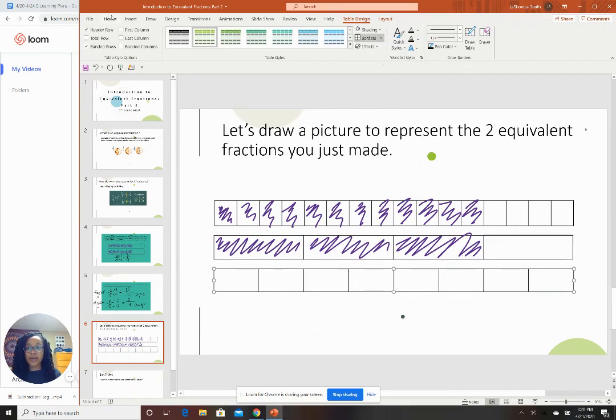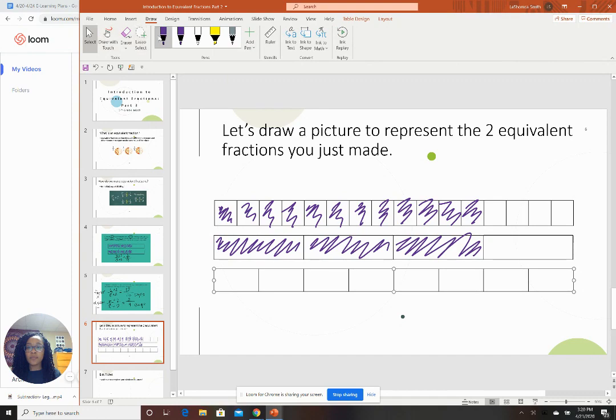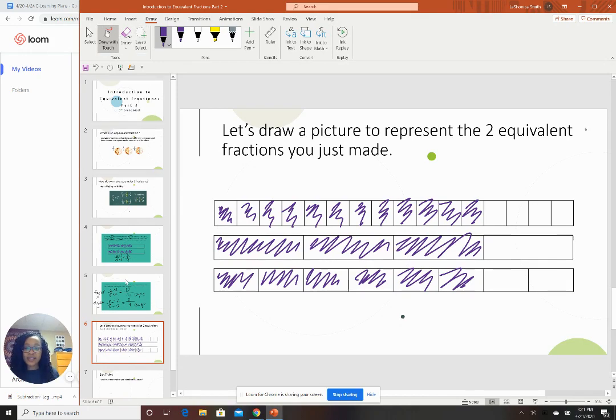So let's try it, okay? 1, 2, 3, 4, 5, 6. We got it. So if we go back, we can say that 3/4 is equal to 6/8, which is equal to 12/16. All right.